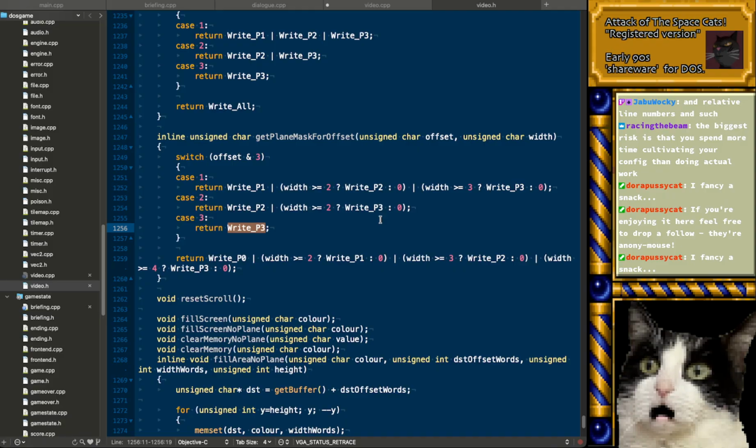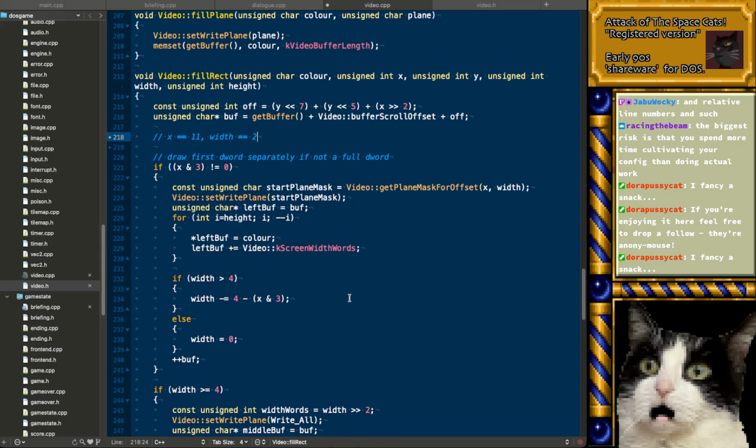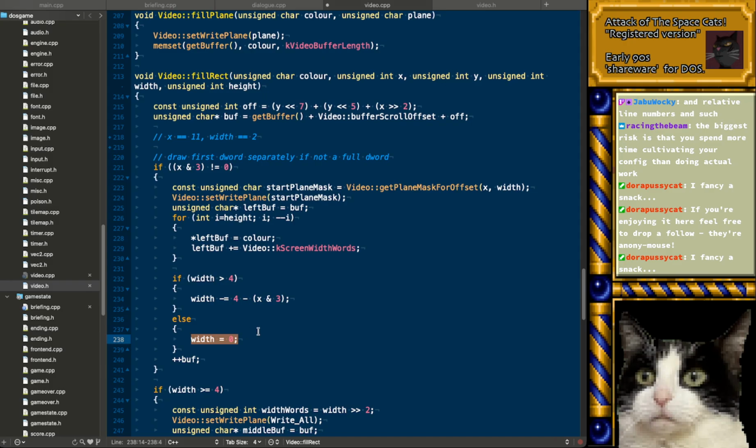Is it, if it's column 11, 2, 3, 4, 5, 6, 7, 11. Okay, right. So no, I see. So yeah, it would be a single column of this set of 4. That is correct. Then, right, so it's this that's incorrect then.